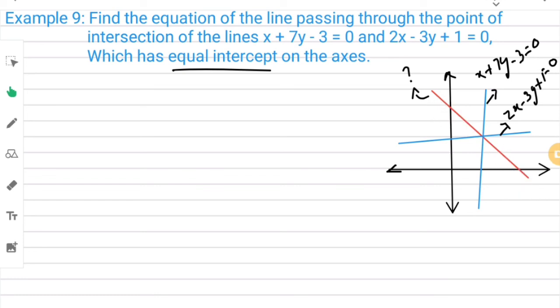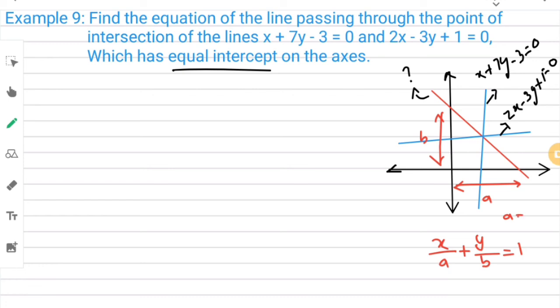We know the standard equation of the intercept form is x by a plus y by b is equal to 1. And here we have equal intercepts. That means the distance between the origin and the point where it intercepts the x-axis is a, and this distance b is equal to it.